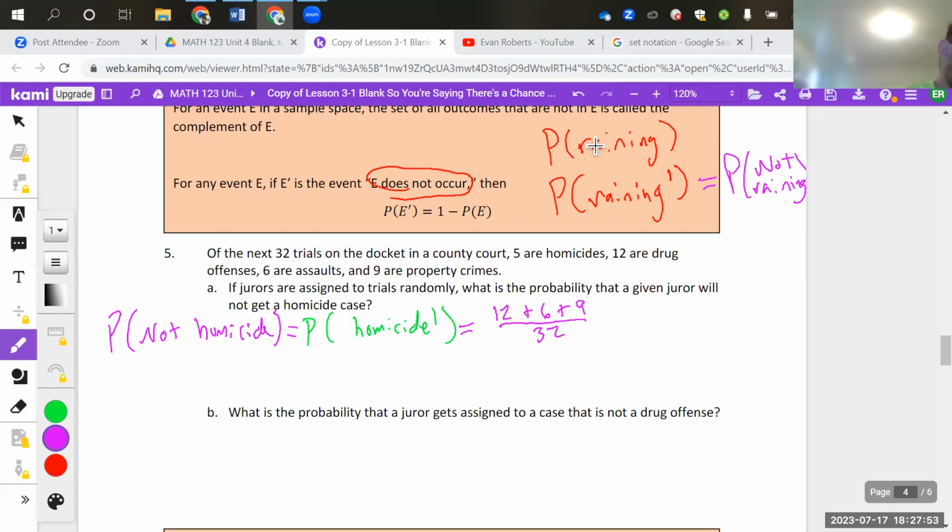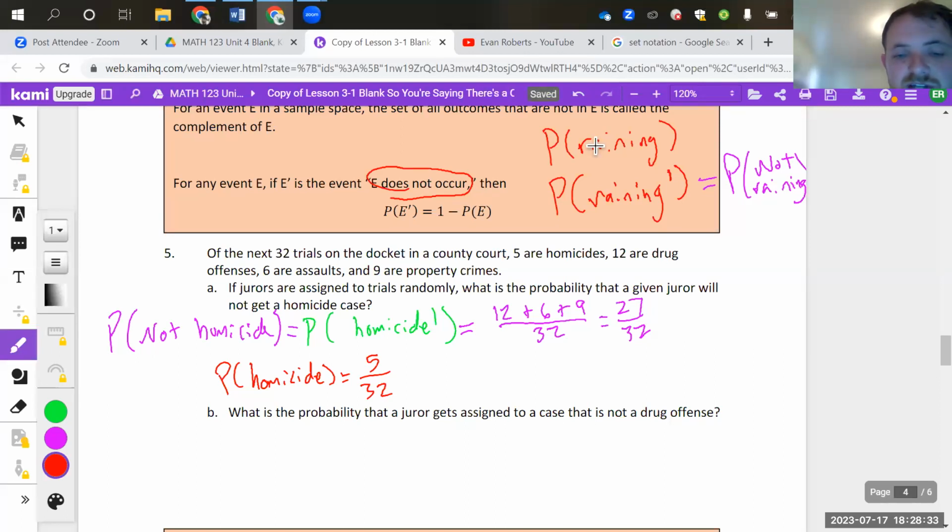And so when you add up 12, 6, and 9, that would give you a 27 out of 32 shot. But if I want to do it like it says in salmon up there, you also could have done the fact that the probability that a homicide is happening is 5 out of 32.